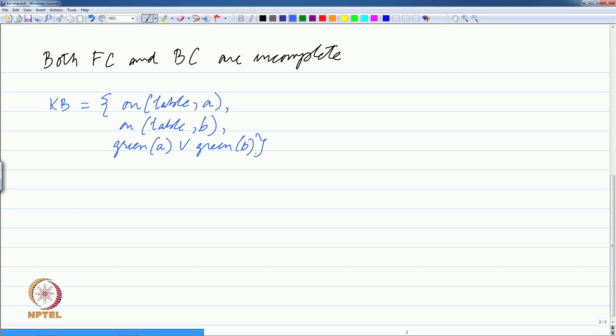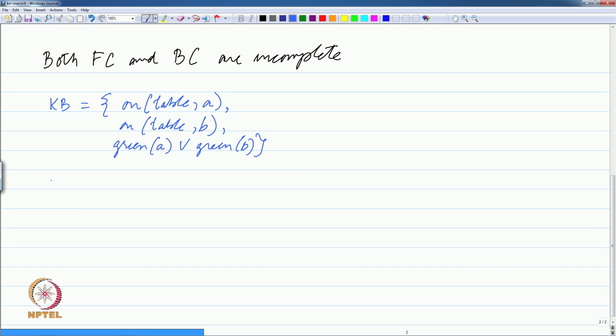You have a very small knowledge base here. You have three statements. You are saying that A is on the table, B is on the table, and one of them at least is green. So, green A or green B essentially.